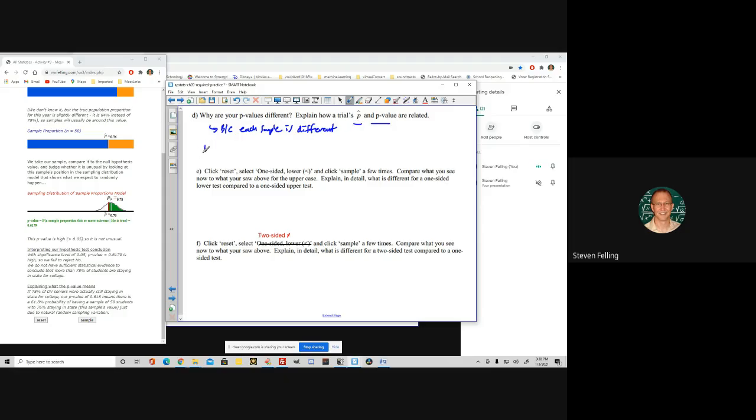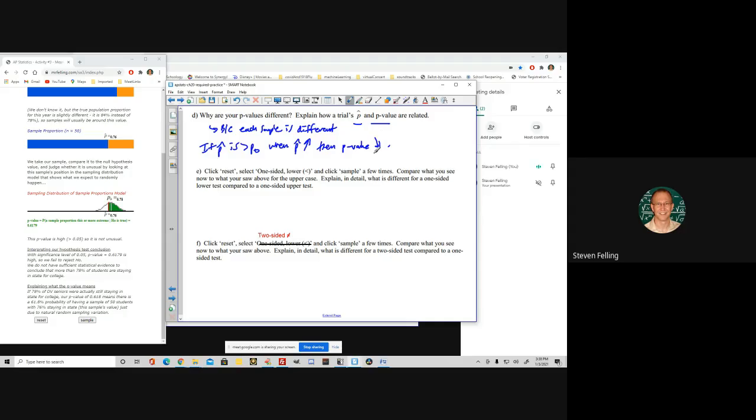I would say this: if p-hat is above the null hypothesis value, then when p-hat increases, in other words, if I go further out here, then the p-value decreases, right? Because the further away you get from the null hypothesis value, the lower the p-value, okay?